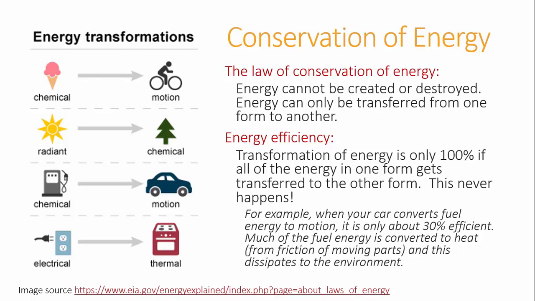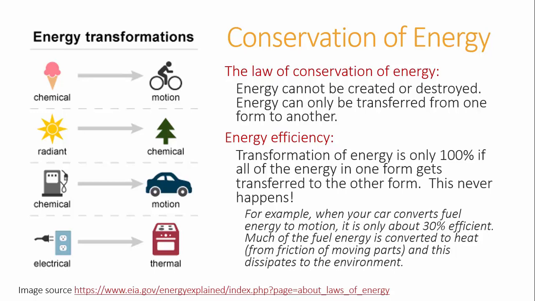This transformation from one form to another is only 100% efficient if all of the energy is transformed from one form into the other. But this never really happens in real life. So for example, if you have a combustion engine car, when your car is converting fuel energy to motion, only about 30% of the fuel energy that is released during combustion is able to be converted into motion to power the wheels to make the car go down the street.